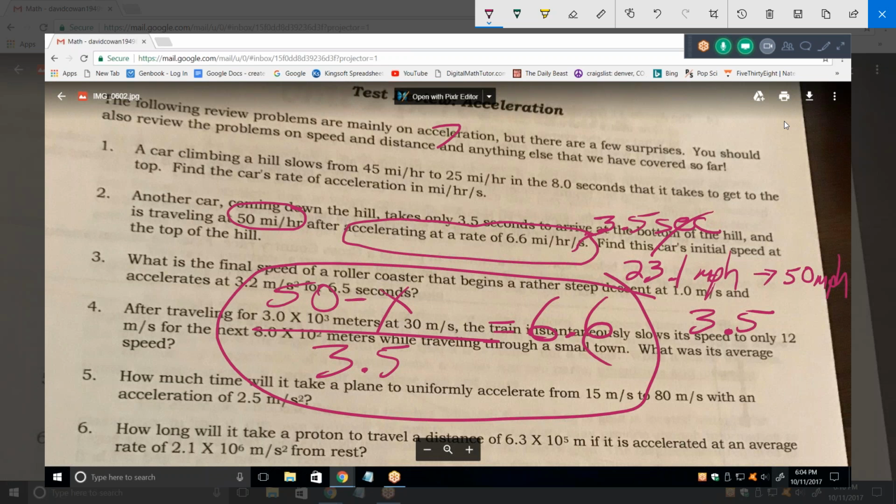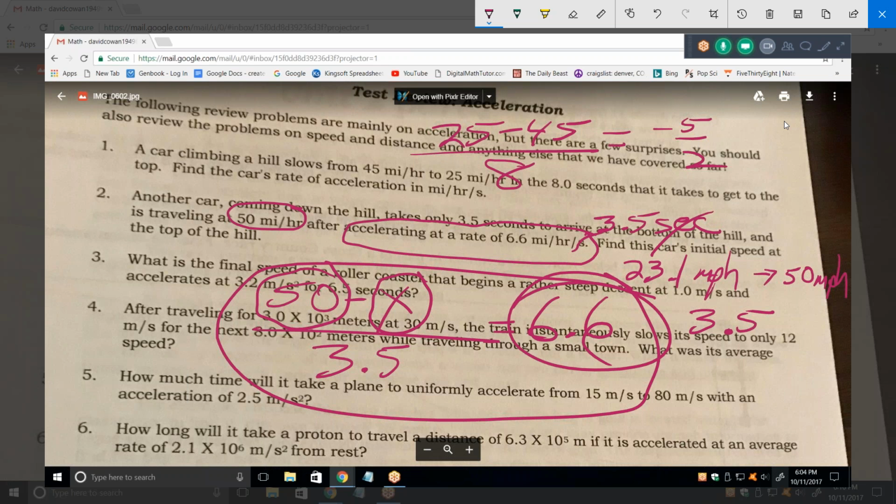So that's our equation that applies to number 2, and it also applied to number 1. Number 1 was 25 minus 45, the end speed minus the beginning, divided by 8. That's where we got our minus 5 halves. It's the same equation for number 2. We take our ending speed, 50, minus our beginning speed, which we don't know, but we're going to solve for it and set it equal to our acceleration rate.